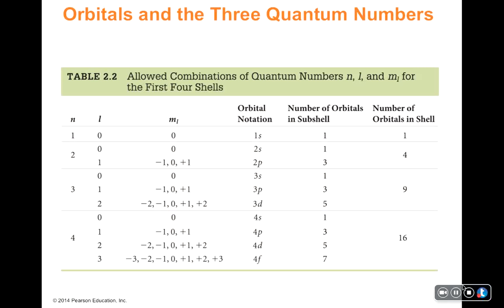So you can see there 2p has 3, 3p has 3. Any d subshell has 5 orbitals. Any f subshell has 7 orbitals. You'll see in a little bit when we look at these electron configurations for elements how this all comes into play. So I would refer you back to this table after we go through a few of these so you can see how this correlates.